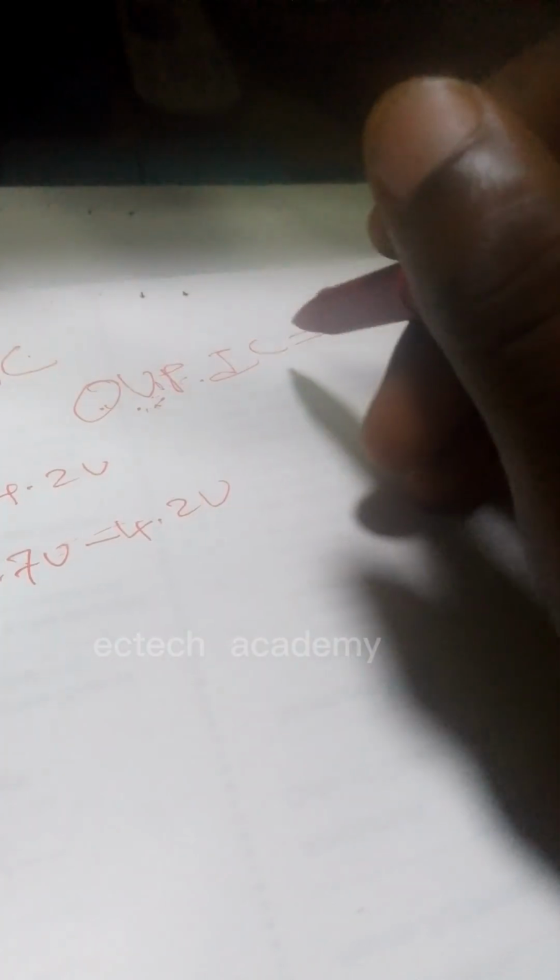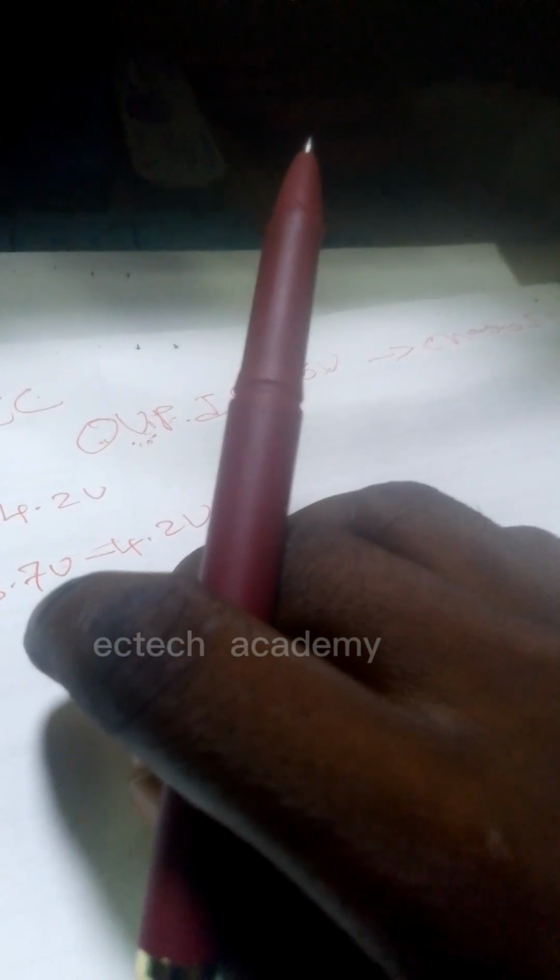Okay, so this is what you have to understand. We already know that what this guy will give out is also 5 volts to the charging IC. So it is the charging IC that will now step down to the particular voltage required to charge the battery. You understand?